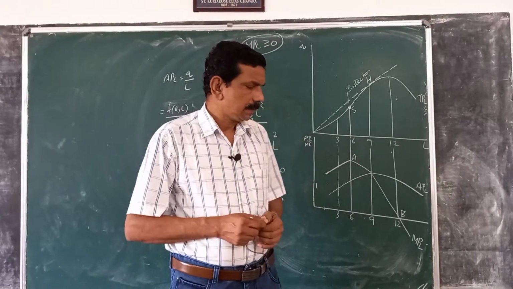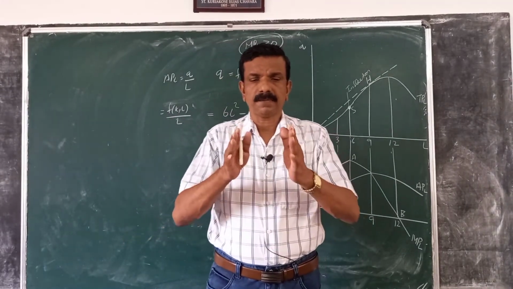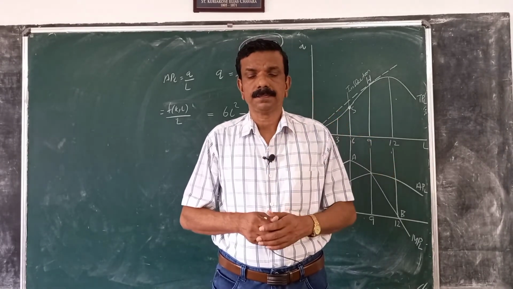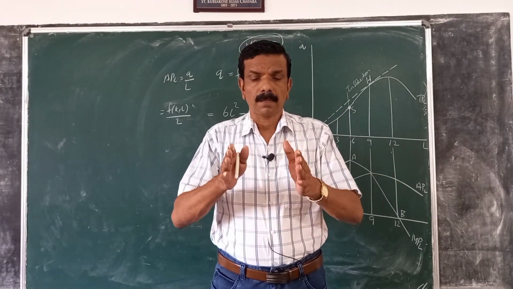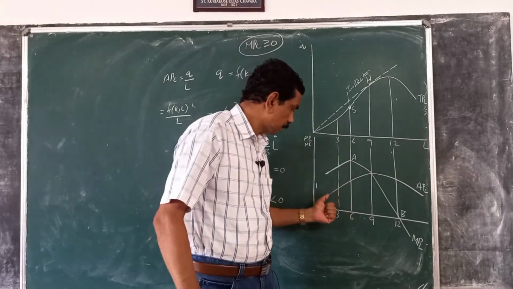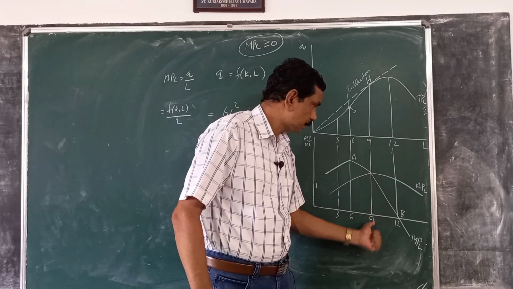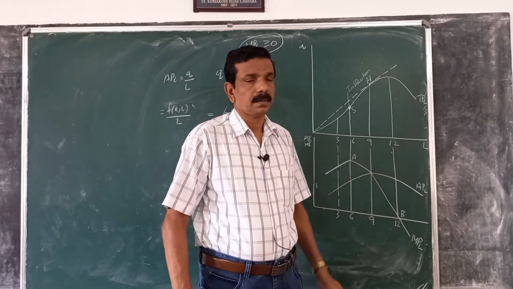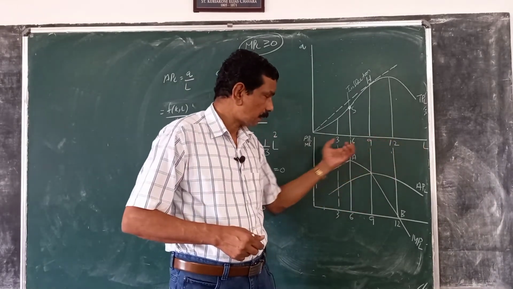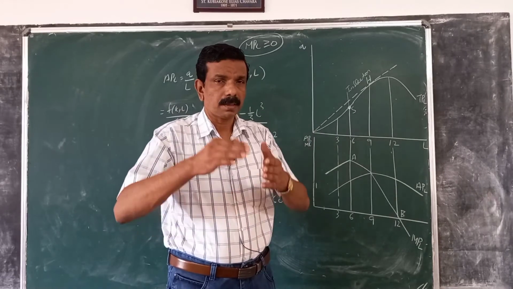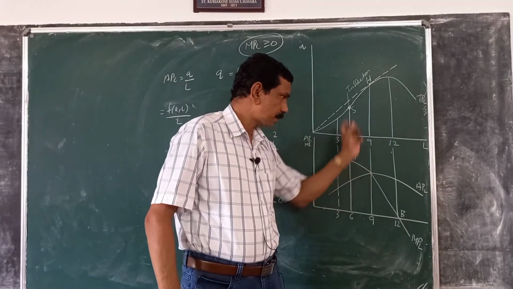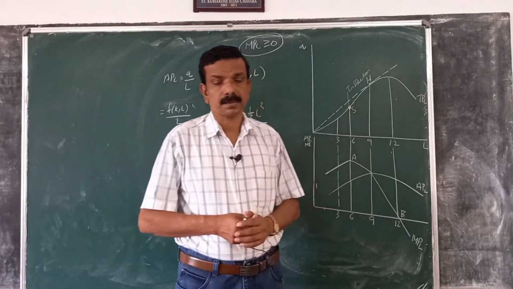Initially, when the usage of labor is small, then as more and more laborers are employed, APL increases up to 9 units of labor, because initially other factors are abundant in supply, but labor is small. Naturally, as more laborers are employed, productivity of labor increases.